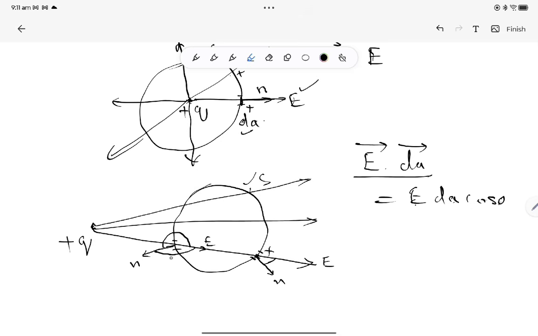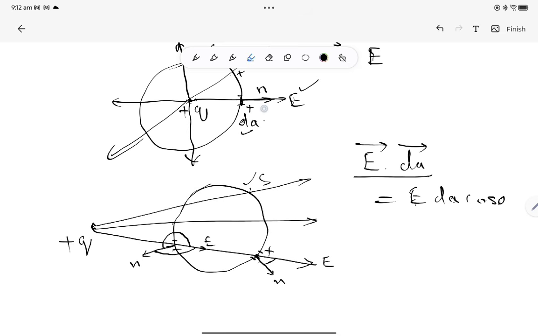So electric flux here will be negative. The same is the case here. That means these lines have the property that they enter at one point and leave at the other point. While they enter, they contribute negative flux. Where they leave, they contribute positive flux.